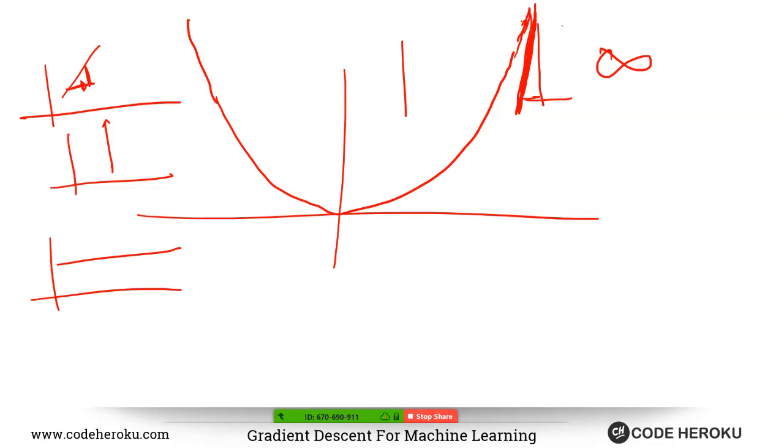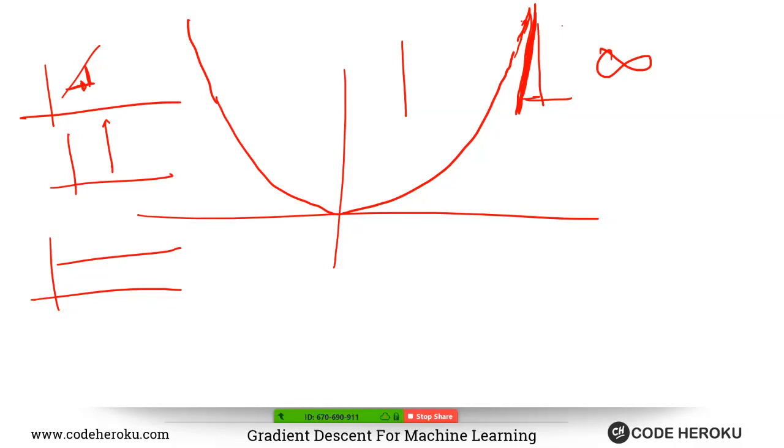Think of it as a steep slope. You can do tan 90 and all that, but just intuitively, it's a steep slope. So it's a very high value. If the slope is steep, that means it's a vertical line, and mathematically the slope at that point is infinite.